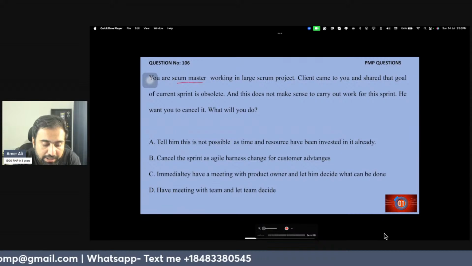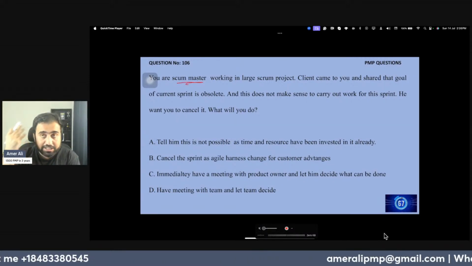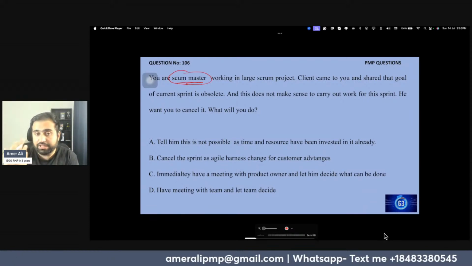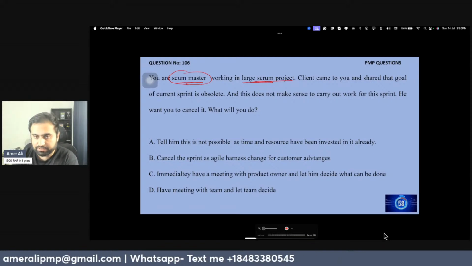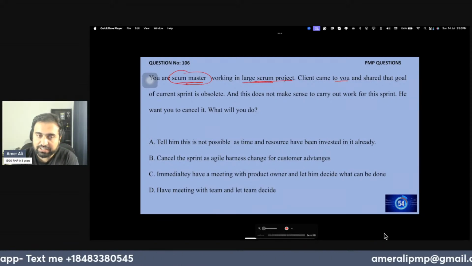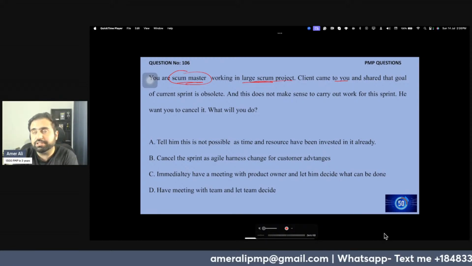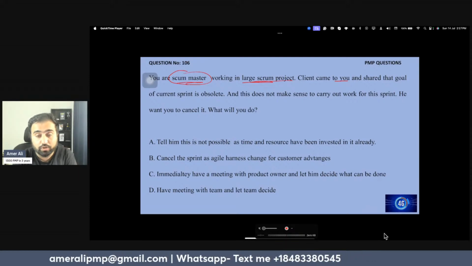You are a Scrum master. When I read it this way, immediately my brain says, okay, I need to act as a Scrum master, so I'm in agile. Working in a large Scrum project. The client came to you and shared that the goal of the current sprint is obsolete. So this means the project is not going to work.